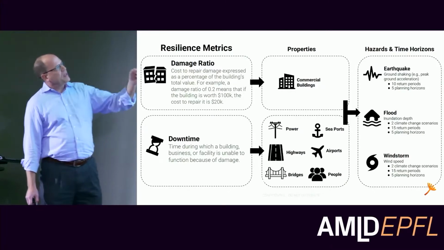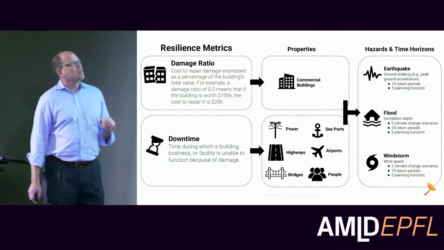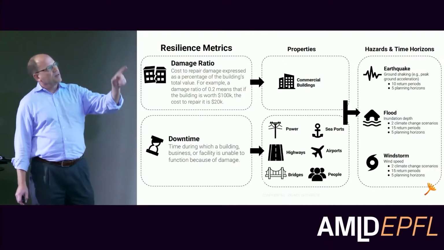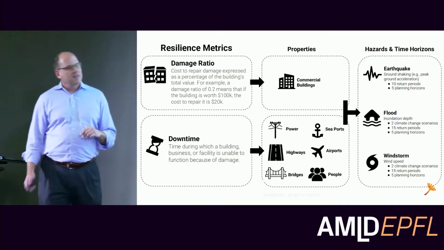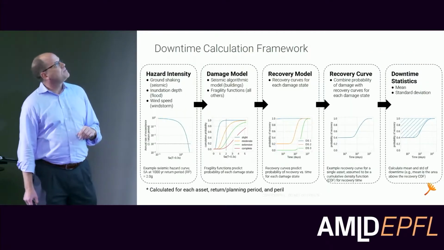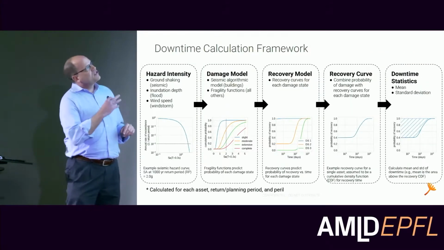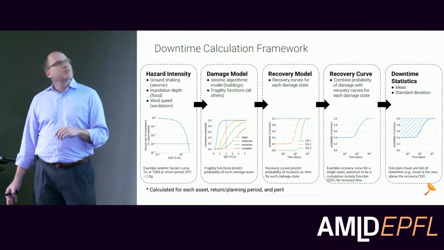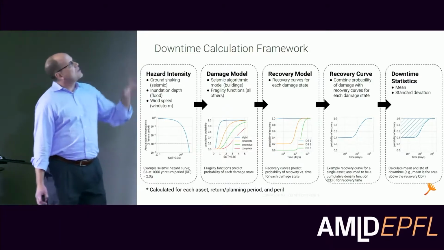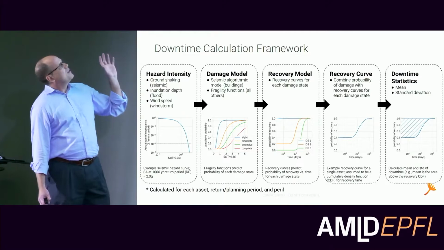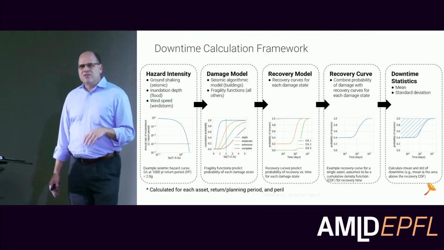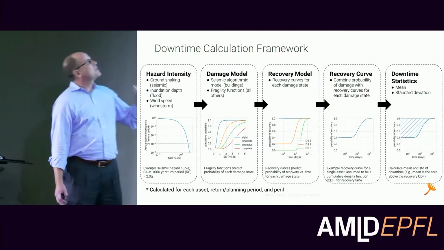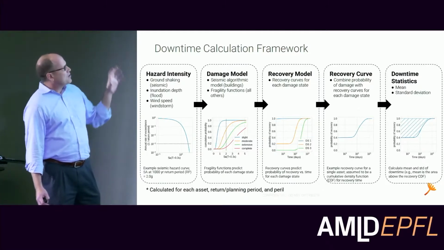But it's this piece that I think is the innovation for what we're doing, is understanding the downtime associated with problems or disruptions in these dependent lifeline networks. And so the general approach is to essentially start with the intensity. So the hazard intensity is going to parameterize the model, and then I'm going to look specifically at the impact of different perils.